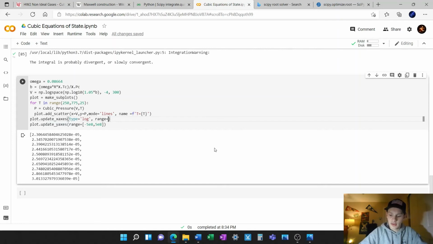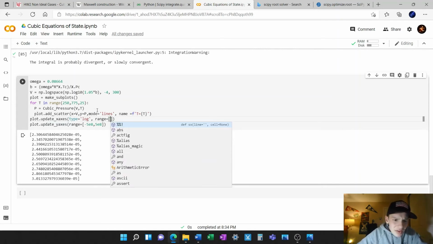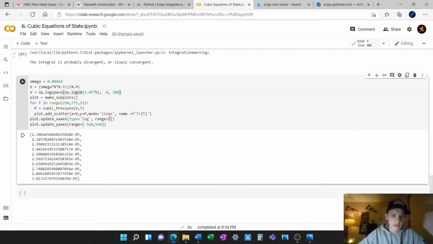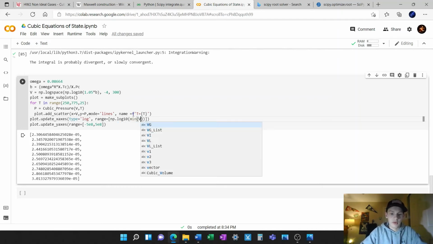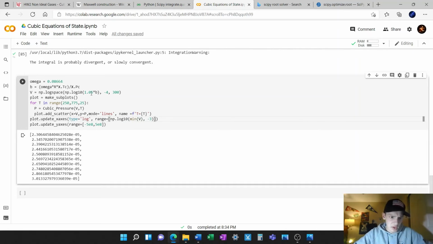Let's make this the minimum volume, and we'll go to something small like that. But we are on a log axis, so we will need to take the log base 10 of whatever we want to be our minimum and maximum. So let's do np.log10 of the minimum of our volume V, and then we'll just do -3 for that, similar to what we have up here in the log space.